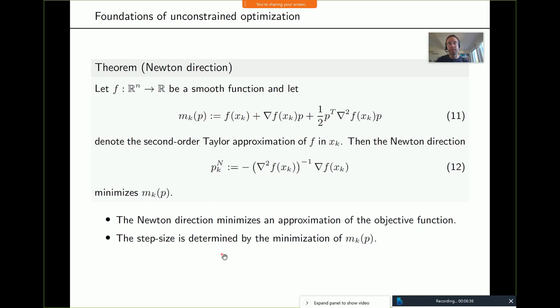This step is then just the minimum of this approximation of the function f. And I will put it here as a theorem, for which of course there's a proof.